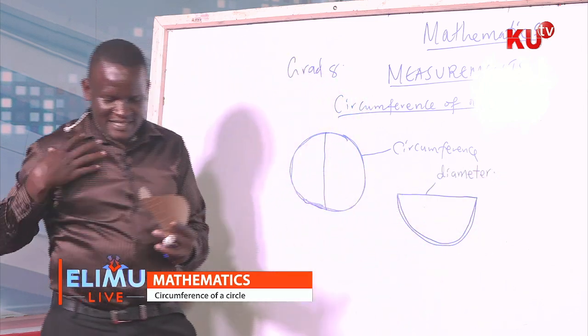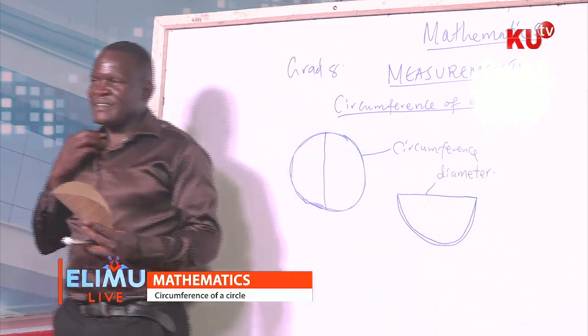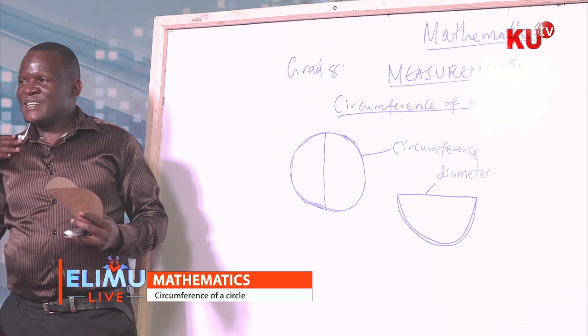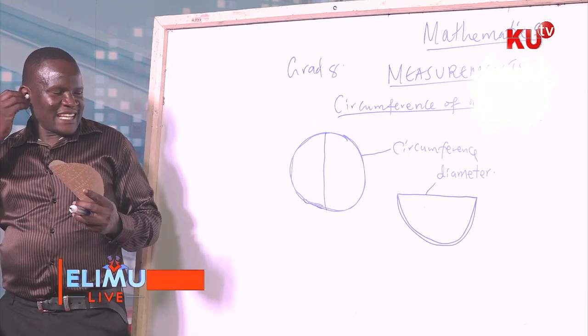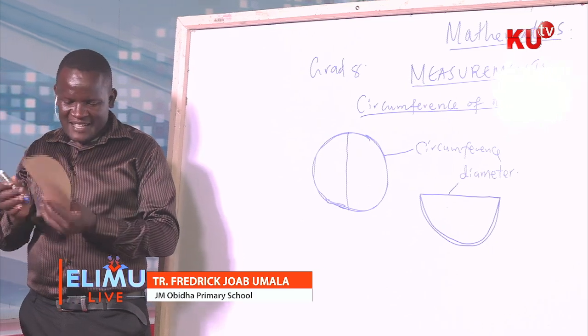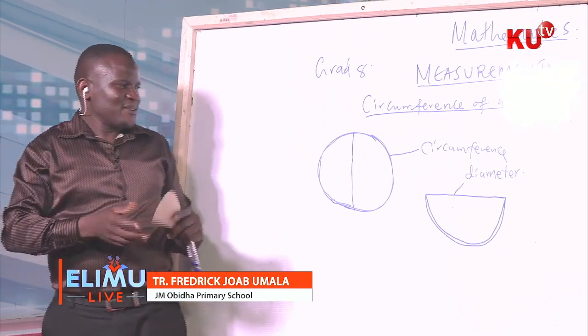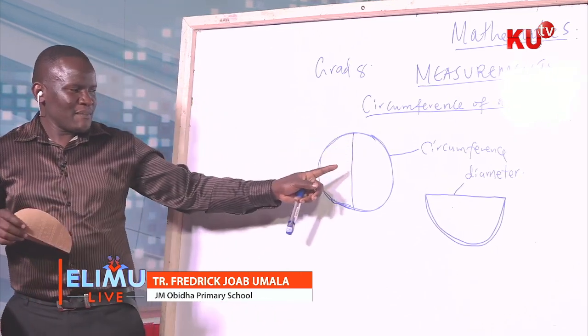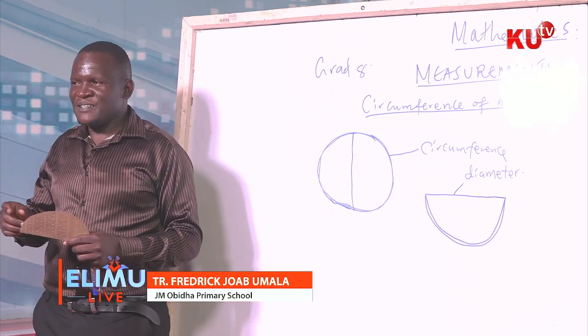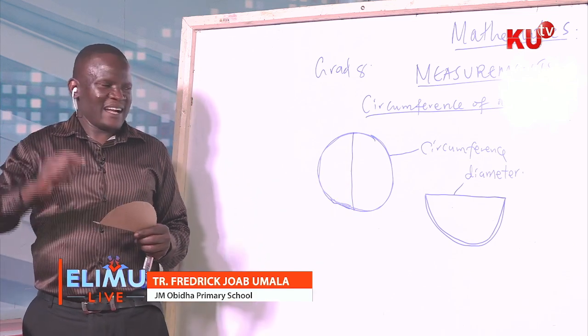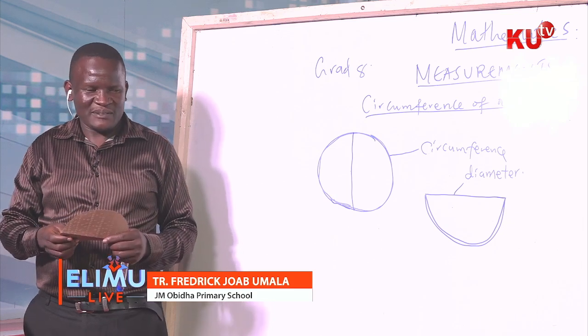That line is known as the diameter. So diameter, therefore, is a line that runs from the circumference, passing through the center of the circle to the other arc of the circle.